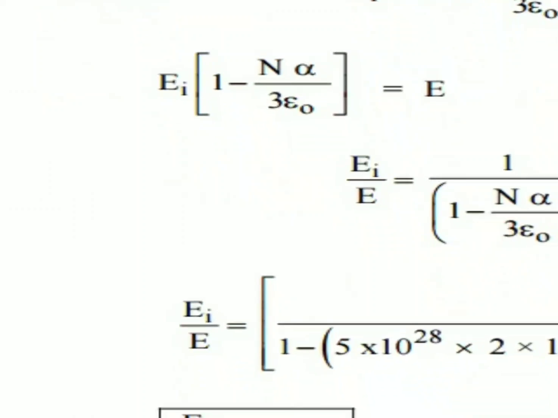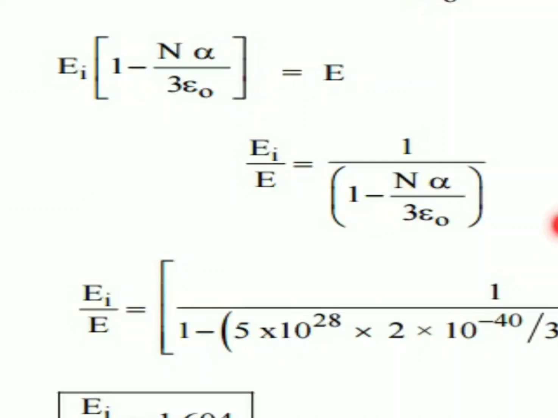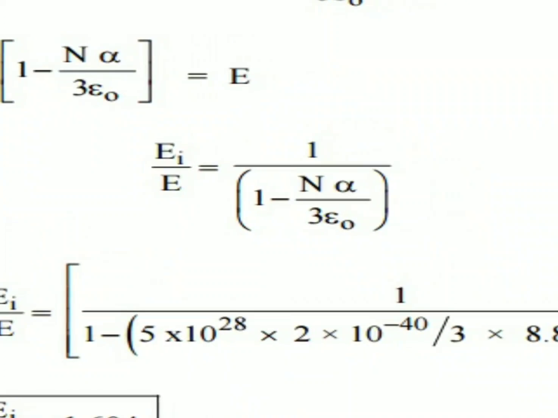Now EI by capital E is equal to 1 by 1 minus N alpha by 3 epsilon naught. Now substitute the value of N, that is 5 × 10^28, alpha value, that is 2 × 10^-40, and epsilon naught value 8.854 × 10^-12.